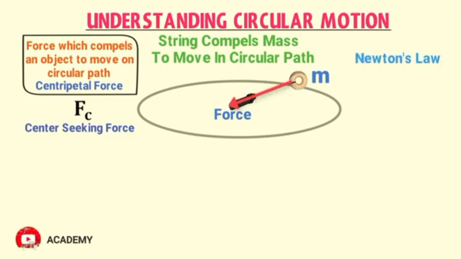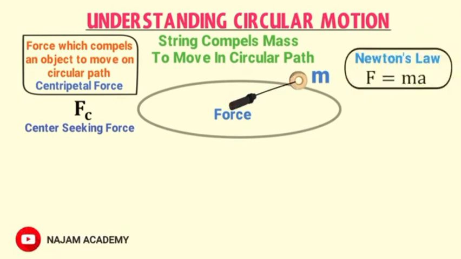Now, according to Newton's second law, F is equal to ma. It means whenever there is a net force F acting on mass m, acceleration a will be produced in mass m due to force F. Hence, this mass m moving on a circular path is also accelerating due to centripetal force Fc.